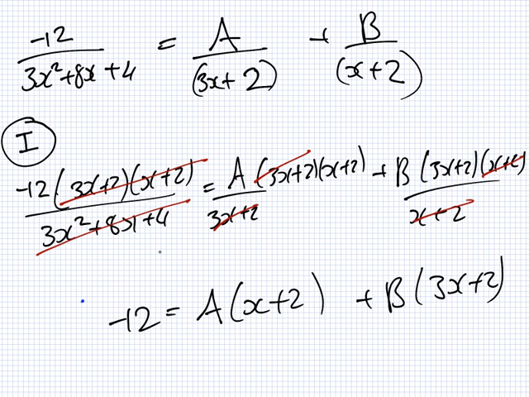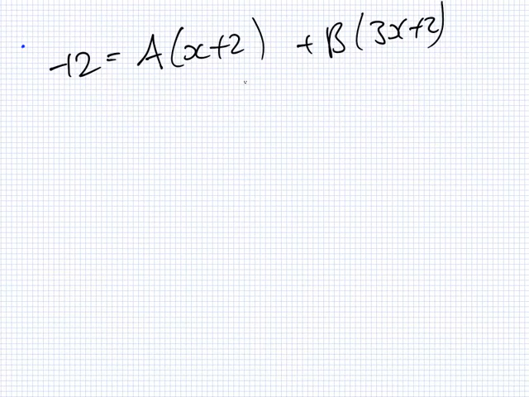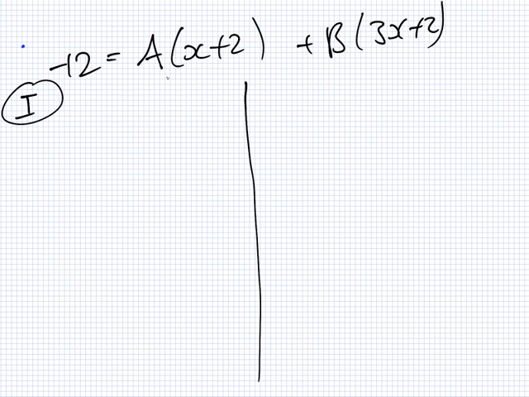Now this is method 1, but the only difference between method 1 and 2 is what you do on the next step. So I'm going to split this problem into halves. This is method 1 and this is the second method. The first method is you expand.